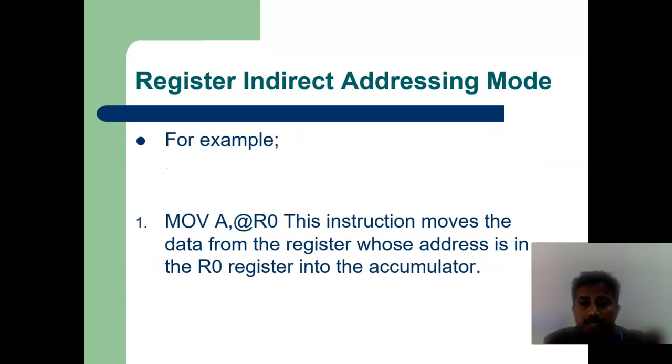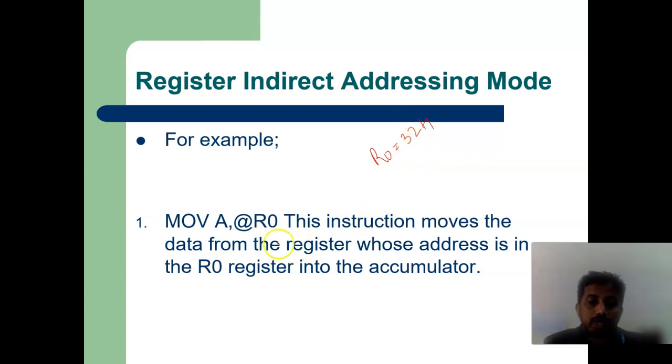Next is register indirect addressing mode. Register indirect addressing mode means the register holds the memory location where the data is stored. Unlike the previous way, where we directly gave the address, here we indirectly give it in a register. Let's say R0 is equal to 32H, which is the memory location.